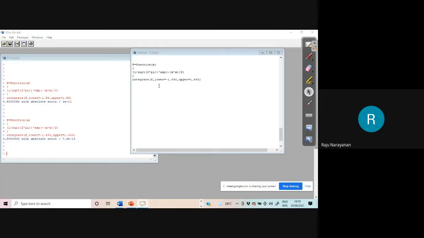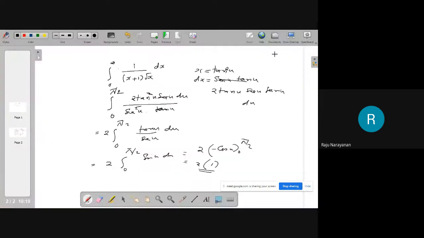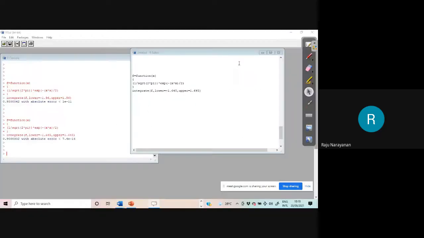Okay. Then integrate. What is the function? 1 by bracket x plus 1 into square root of x.